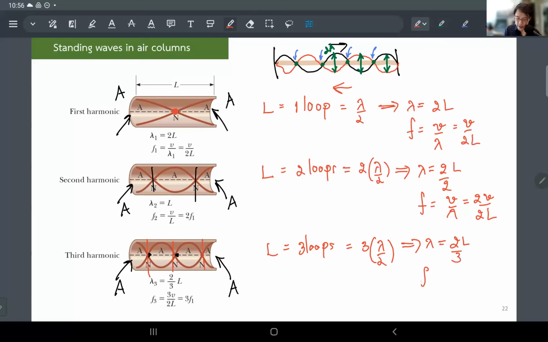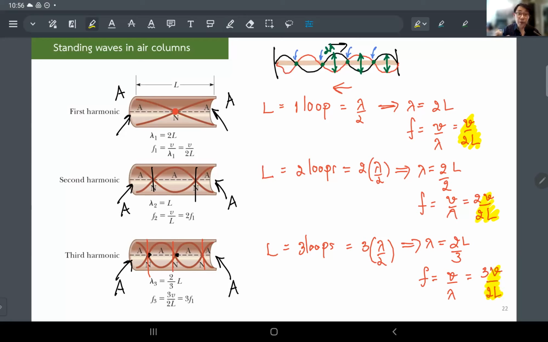And the frequency is going to be v over lambda, so it's going to be 3v over 2L. That's the reason why I keep the numbers 2 and 3 on here, because that's what we're trying to compare with. The fundamental frequency is v over 2L. That's your first harmonic. The next frequency is twice that, 2 of v over 2L. The next frequency is 3 times that.